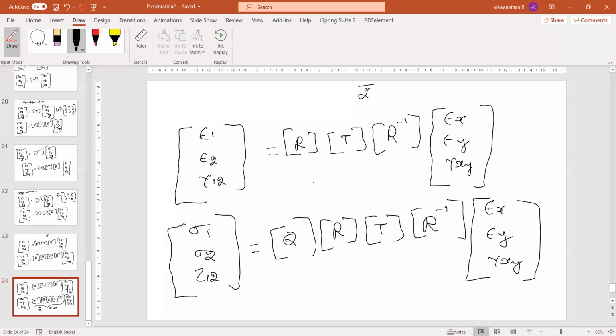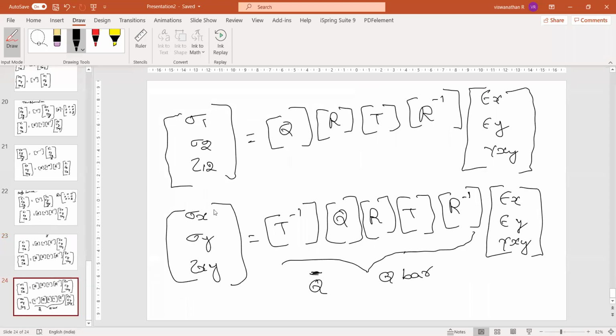Now, what you did next was, you didn't want the local stresses, you wanted the global stresses. Ultimately, what you want is a relation between the stress and the strain in the global. So you took sigma x, sigma y, and tau xy instead of sigma 1, sigma 2, and tau 1 2, and used the inverse transformation matrix along with this.